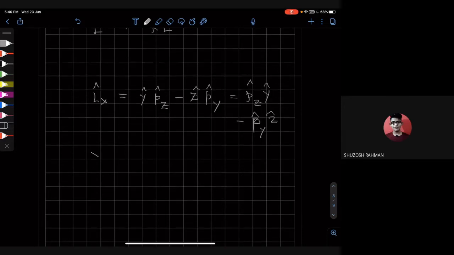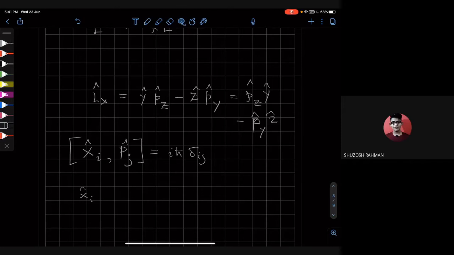Because the thing is that if I look at the position operator, say x, a vector operator, so I take the ith component of it, and I take the momentum operator, say take the jth component of it, and compute the commutator of this. It's i h bar delta ij. That means that it's only the x component.